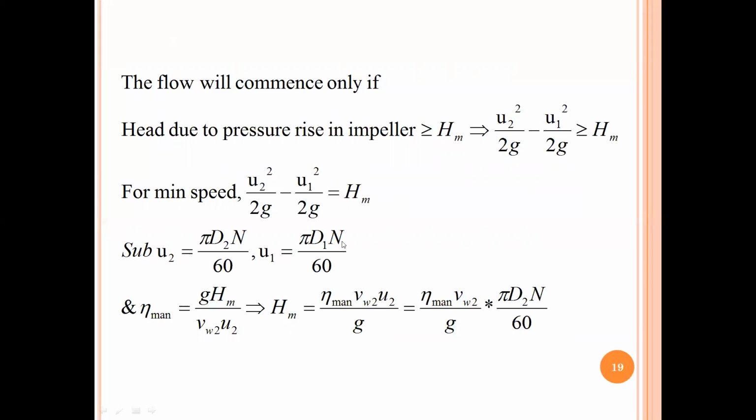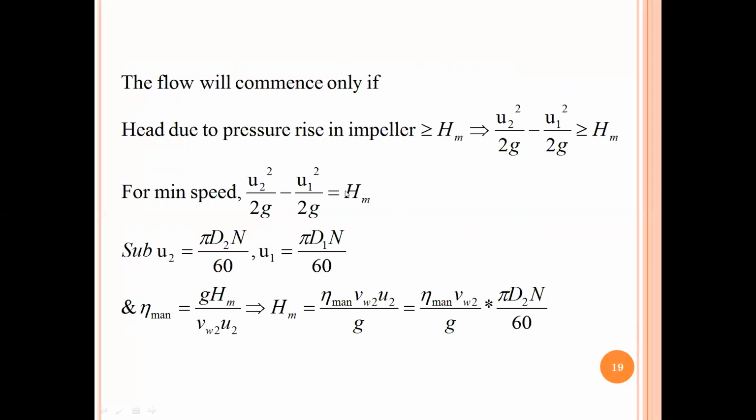In this formula there is no term of N, and for minimum speed I want to calculate my N value. So here U2 and U1, I'm writing in terms of pi D2 N by 60, that is U2, and U1 as pi D1 N by 60.